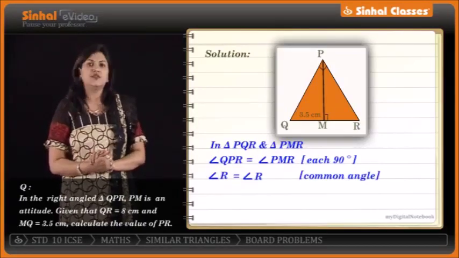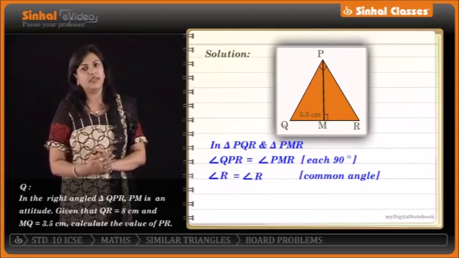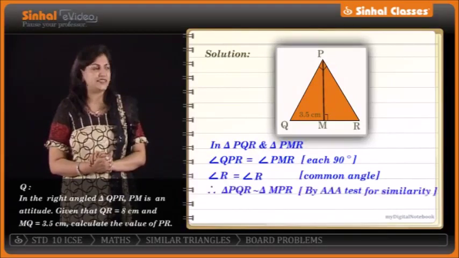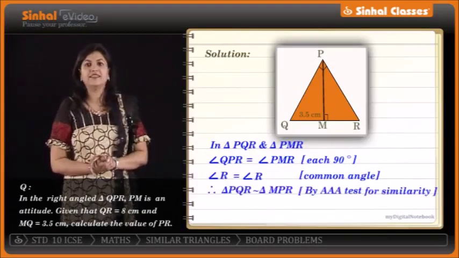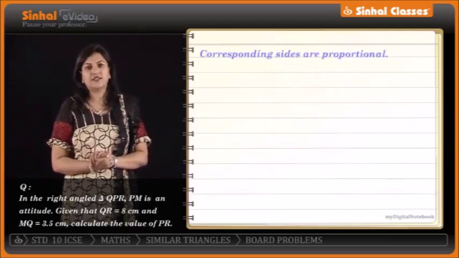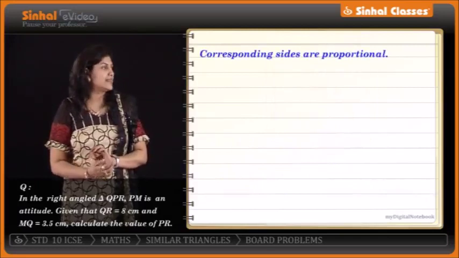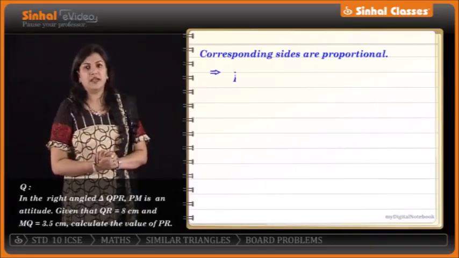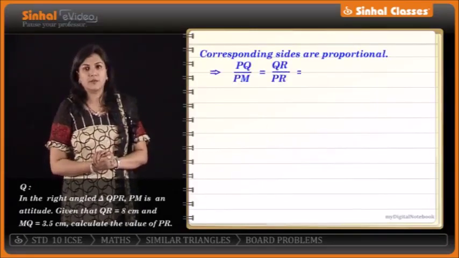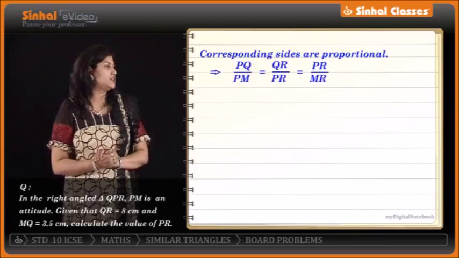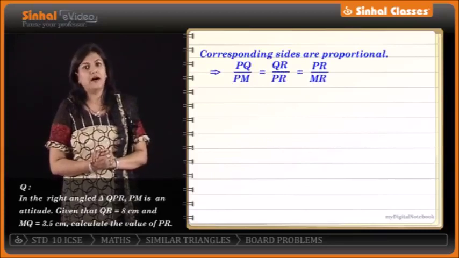So we have triangle PQR similar to triangle MPR by AAA test of similarity. Now we have these two triangles are similar, so their corresponding sides will be proportional. That is, PQ upon PM equals QR upon PR, which is equal to PR upon MR.